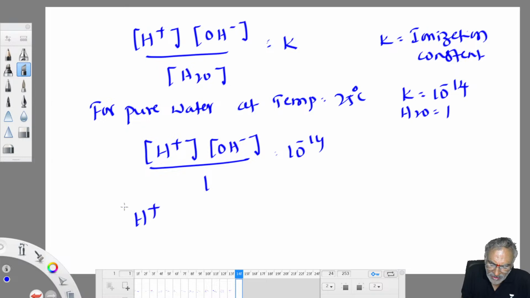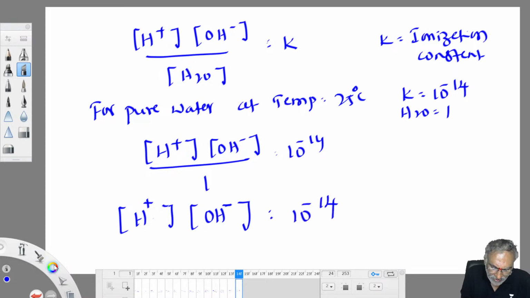Therefore, the product of H plus into OH minus is always constant, with a value of 10 power minus 14. The units of these ionic concentrations are measured in moles per liter.